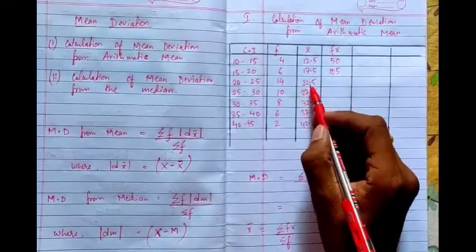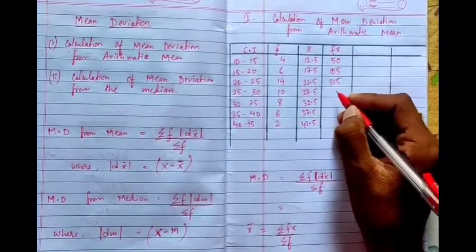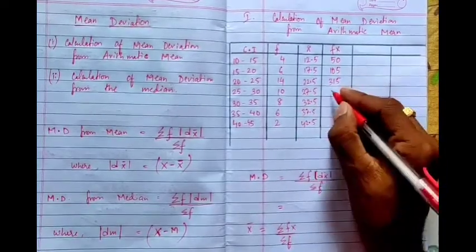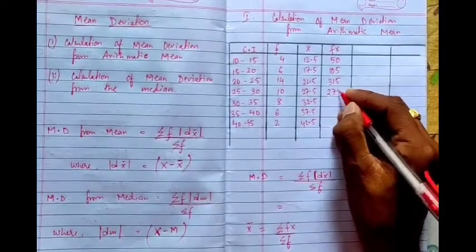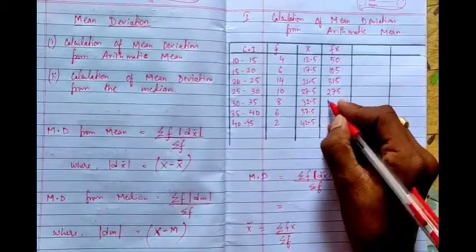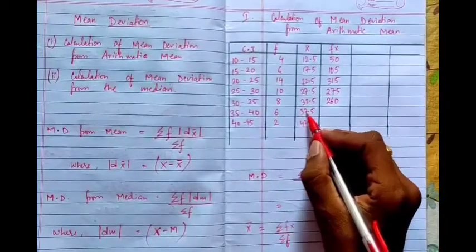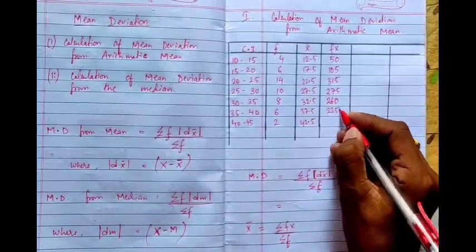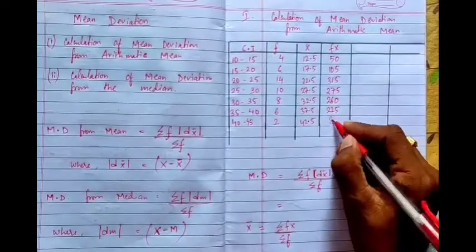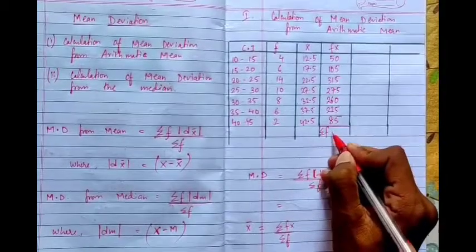Then 14 multiplied by 22.5, we get 315. Then 10 multiplied by 27.5, we get 275. Then 8 multiplied by 32.5, we get 260. Then 6 multiplied by 37.5, 225. Then 2 multiplied by 42.5, 85.